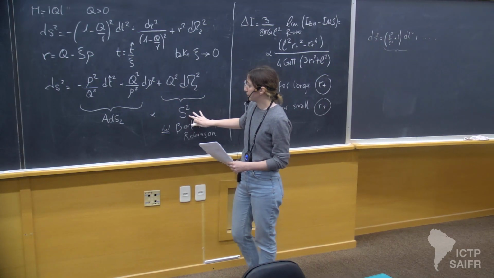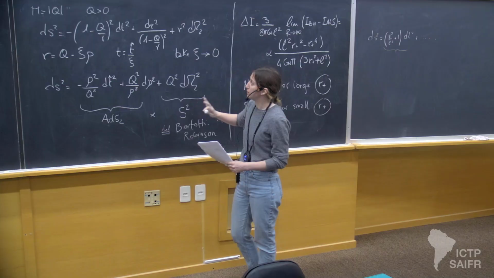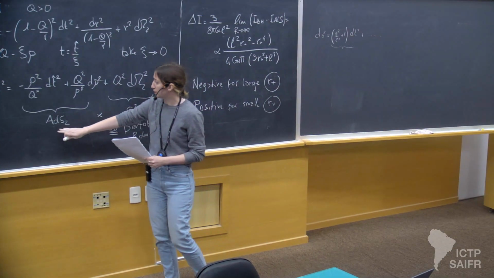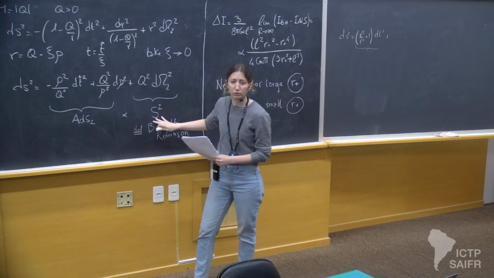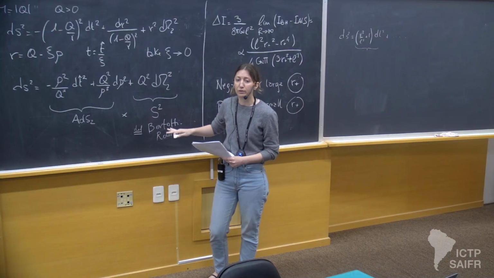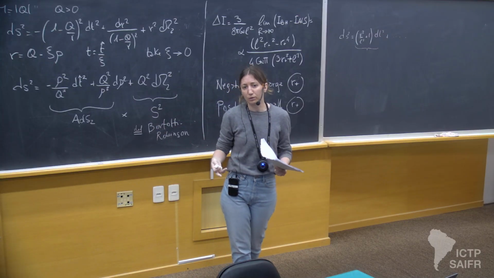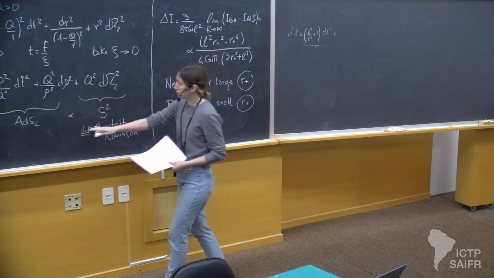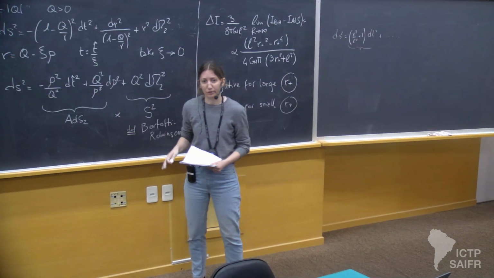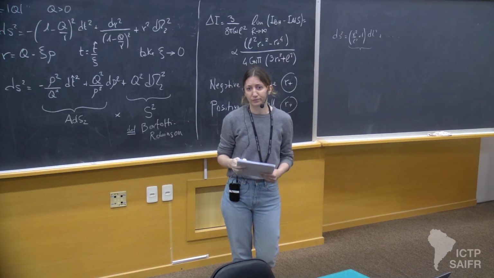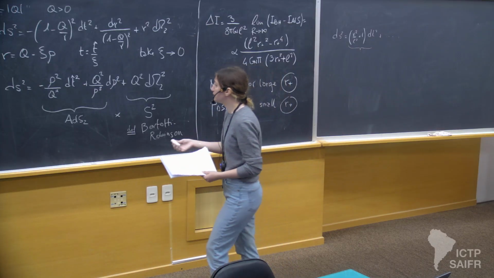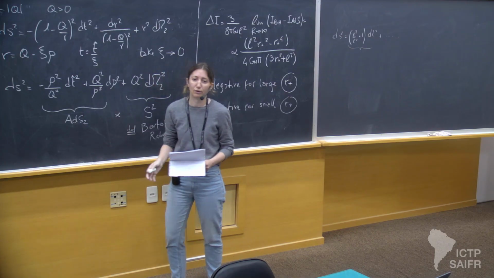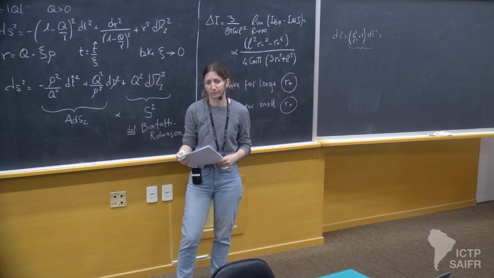So for black holes, at least in four-dimensional Minkowski space, you always have that the radius of AdS2 is equal to the radius of S2. But if you have, for instance, anti-de Sitter black holes, which means that you also have a cosmological constant, which is a further parameter, these two radii can in principle be different. It's not the same. You will have a more complicated function, like the AdS2 radius will be a more complicated function of the charge and the cosmological constant.